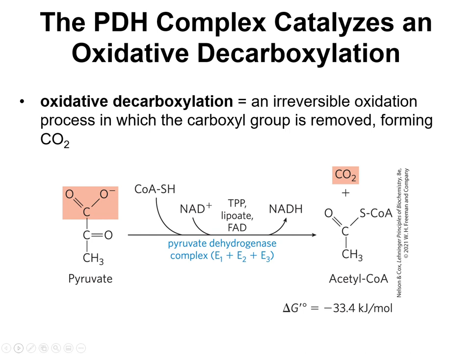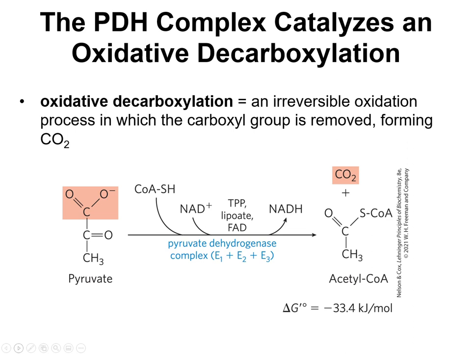So we're going to spend a little bit of time talking about this complex. Now, what reaction does it do? The whole reaction catalyzed by PDH is the oxidative decarboxylation of pyruvate. It is irreversible, and you remove a carbon dioxide. It's a carboxyl group at the end that it leaves as carbon dioxide, and you're left with acetyl-CoA.